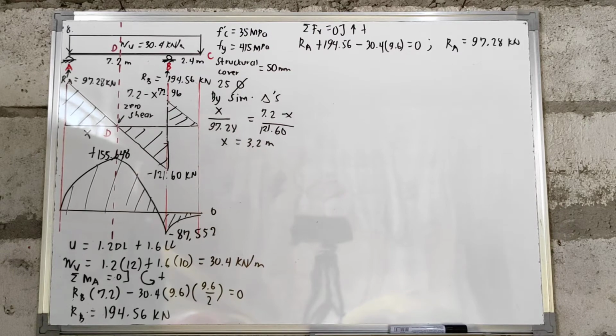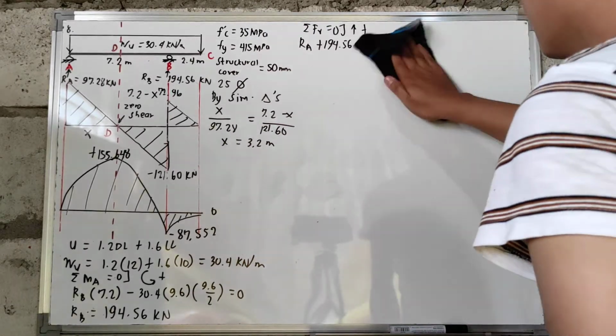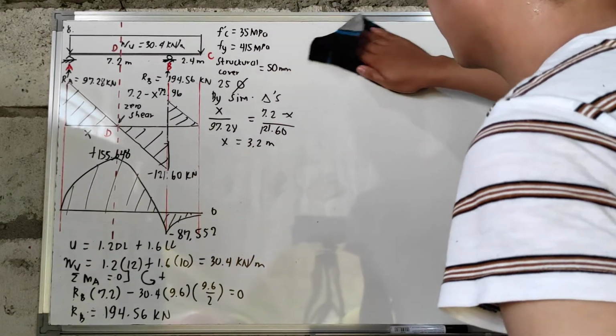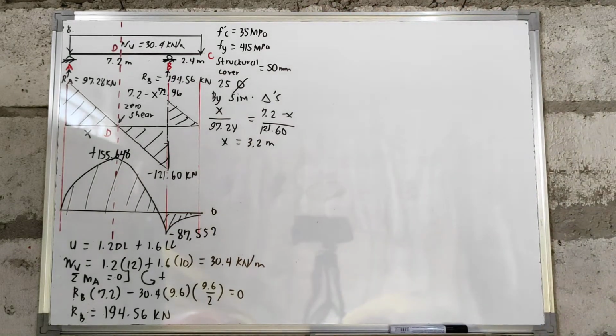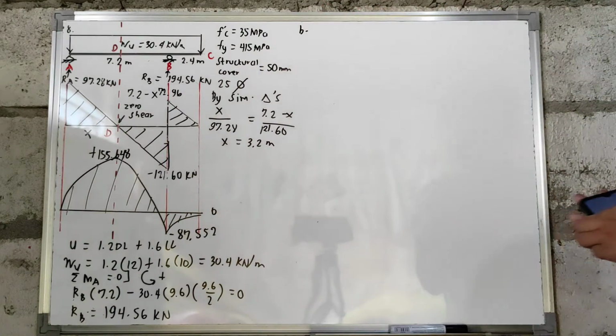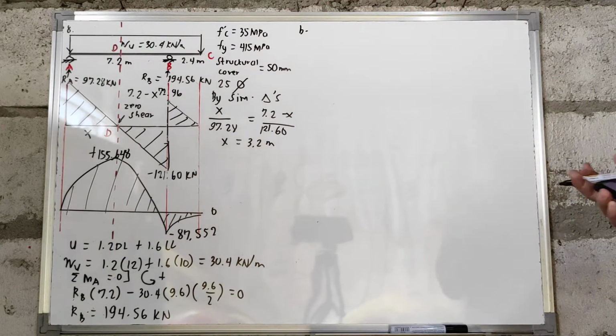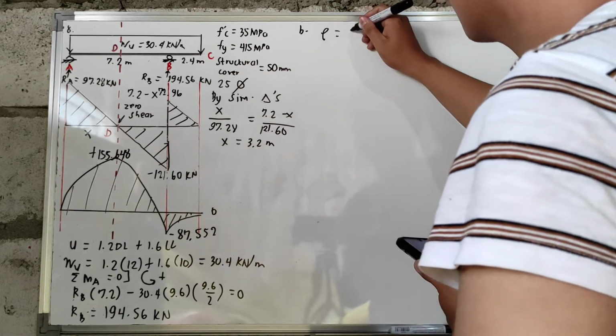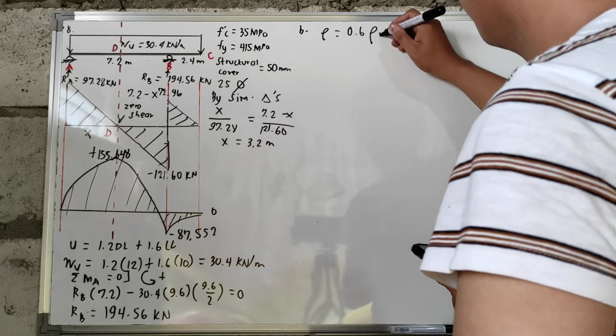Sir, paano po natin i-establish yan? So we're going to assume for the value of your rho. So for the step B, so paano natin kukunin yan? So yung rho natin, that will become 0.6 of rho max.